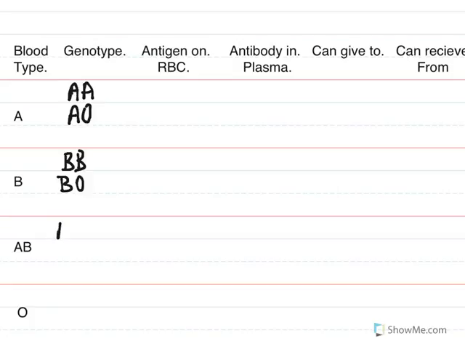The person has to have the 2 dominant genes, and in this case, both genes are going to be expressed. This is an example of what we call co-dominance. And if you're type O, the only way you can be type O is with a homozygous recessive genotype.